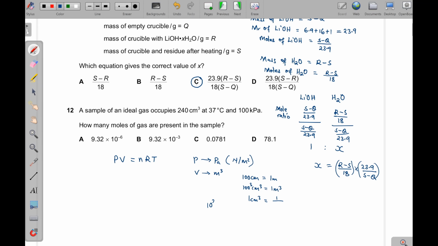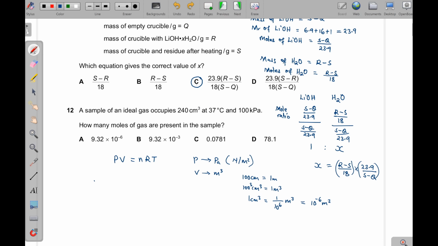This is the same as 10 squared, then power 3, then we shall have 10 to the power of 6. So we shall divide it here, which is actually the same thing as saying 10 to the power of negative 6 meters cubed. So that means if we are given the centimeters cubed here, we shall replace this one with 10 power negative 6 meters cubed. You see that?